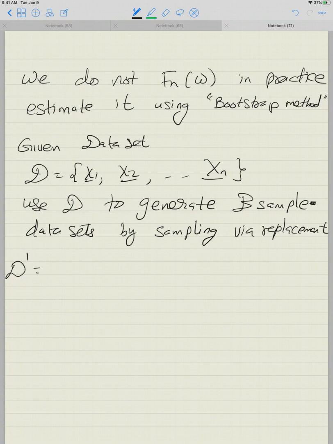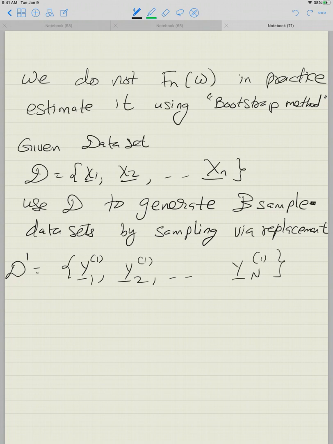So D1 will be the data set y1 of 1, y2 of 1, up to yn of 1.